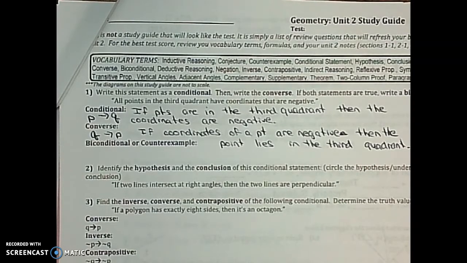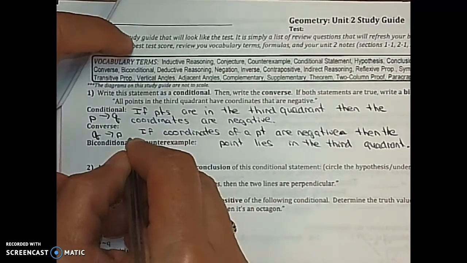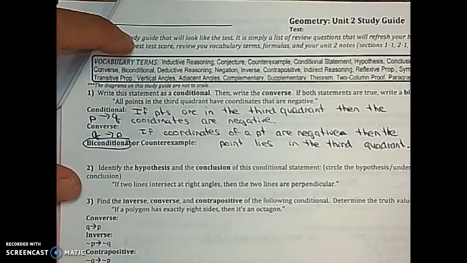Now, it wants us to determine whether this is a biconditional or not. Well, the first statement is true and the second statement is true, so that means this is a good definition, which means we're going to write it in that biconditional format.